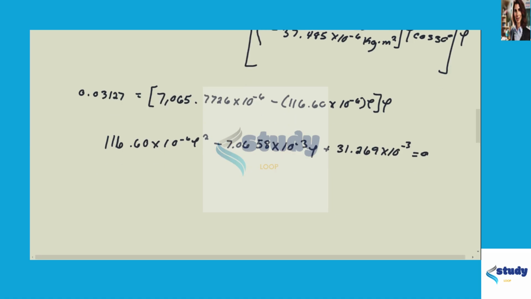Looks good. And what we're going to do is a quadratic equation, and that's negative b plus or minus the square root of b squared minus 4ac, divided by 2a.